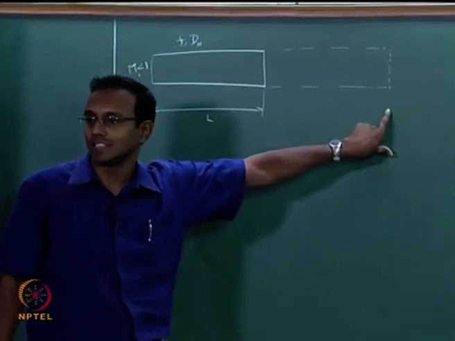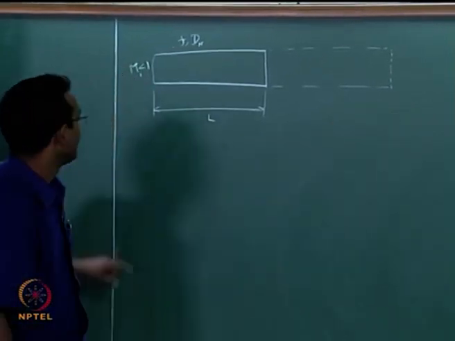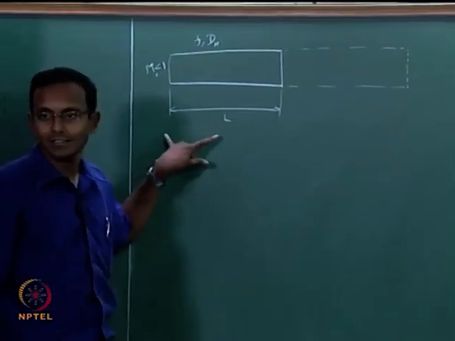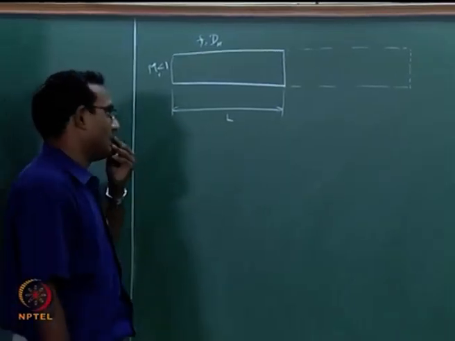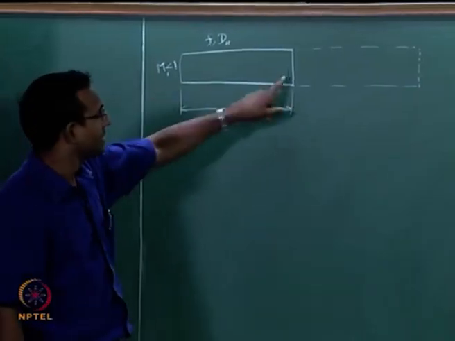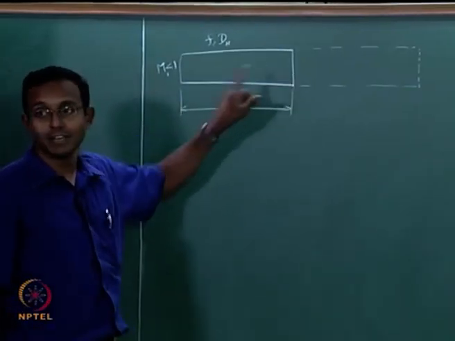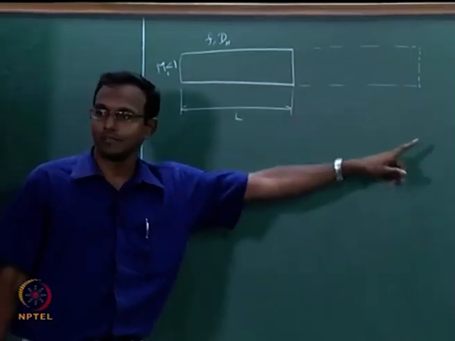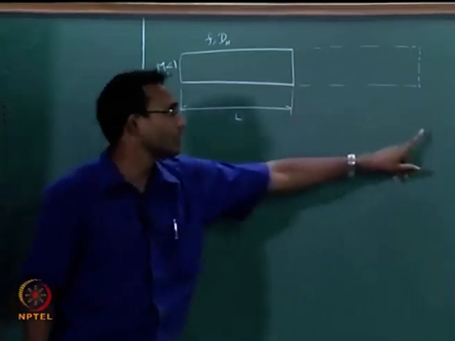If I have only this length, then my flow, since it started subsonic, is going to stay subsonic up to here, but it is going towards M equal to 1.